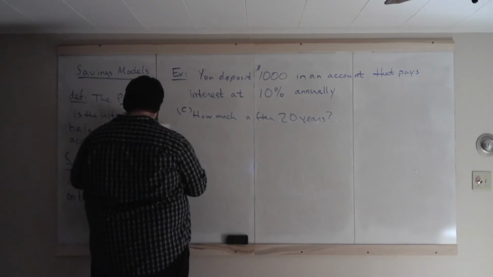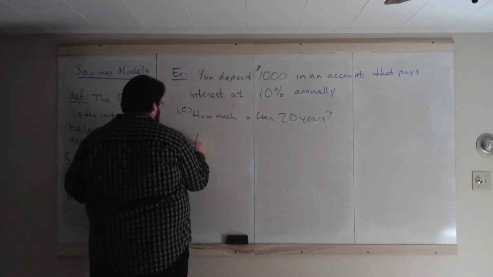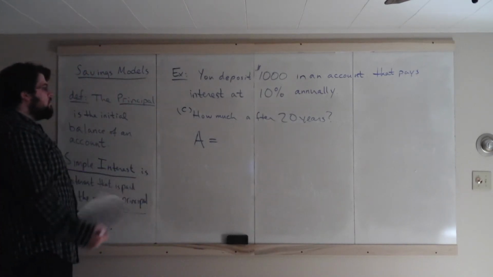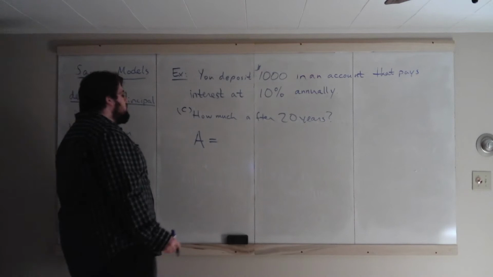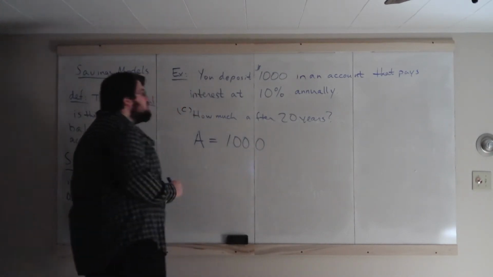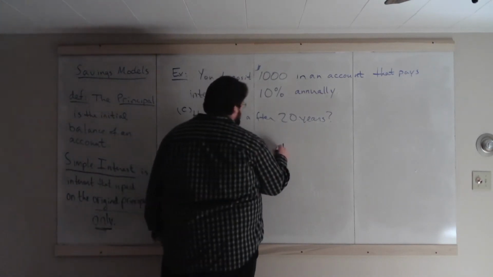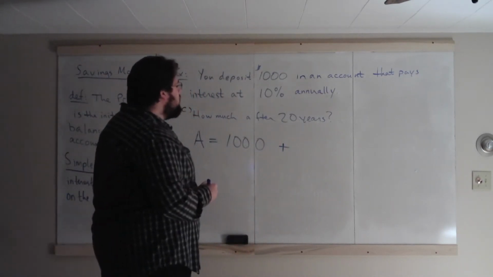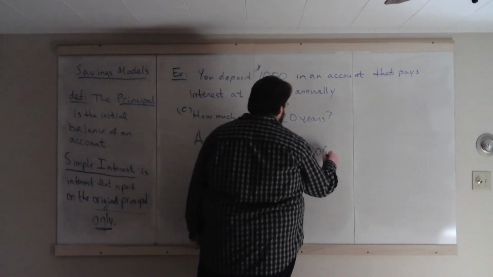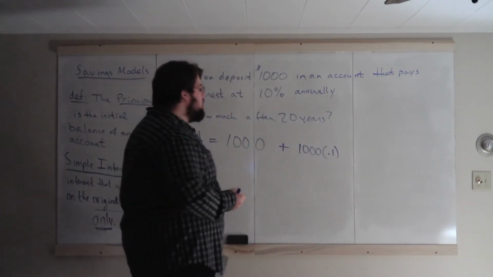Let's call it, what letter does the textbook use? A. And let's be a little careful in how we're setting this up. A is the amount you start with, 1,000, plus the interest earned. Well, we know that the interest earned is 10% of 1,000, also known as 100.